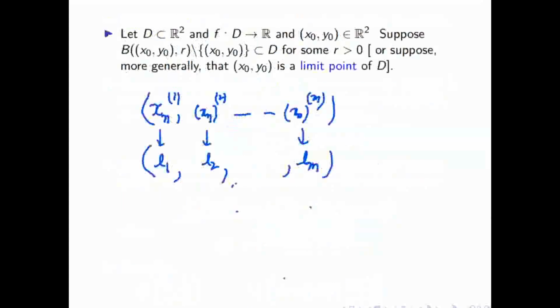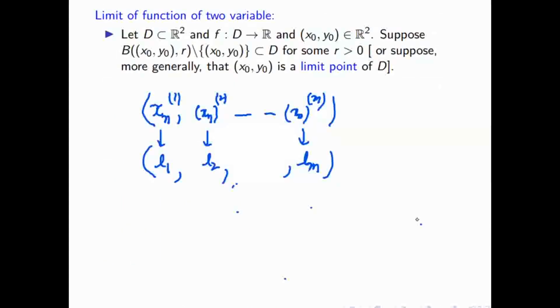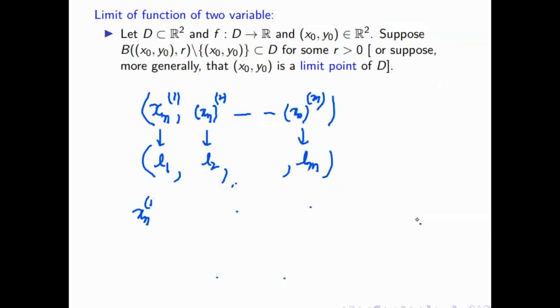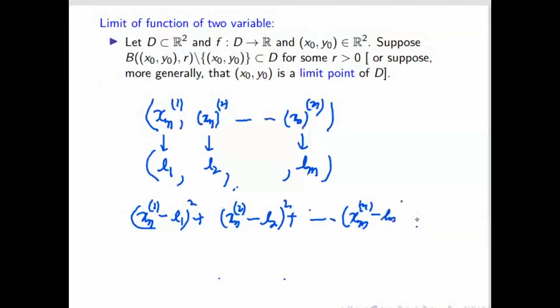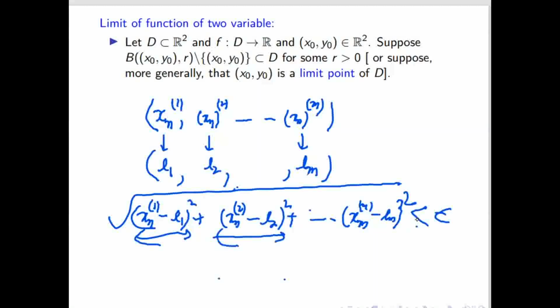So I will write this difference: Xn1 minus L1 whole square, then Xn2 minus L2 whole square, and Xnm minus Lm whole square, the whole square root is less than epsilon. Can we say that each individual term is less than epsilon?